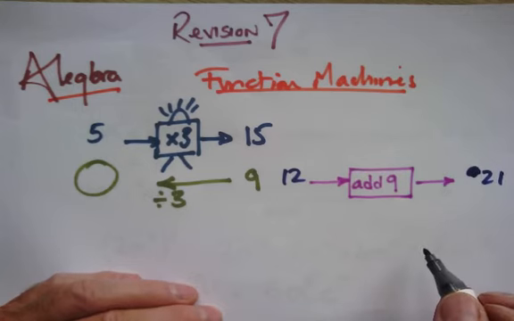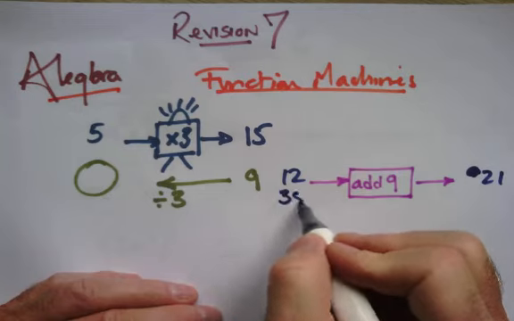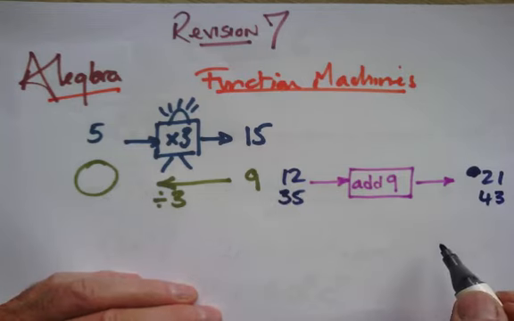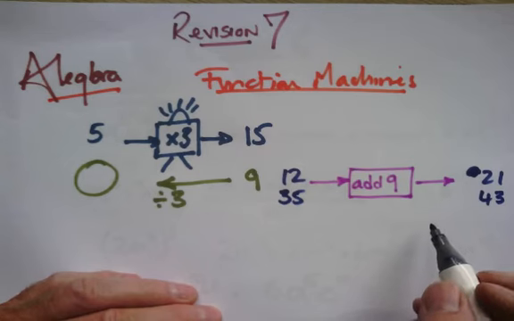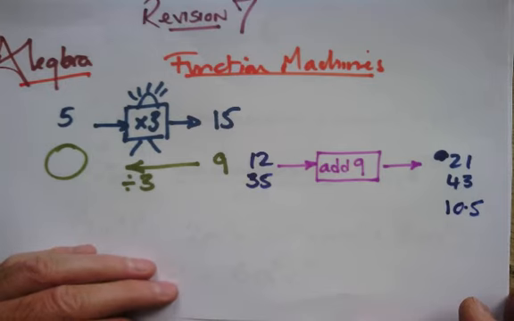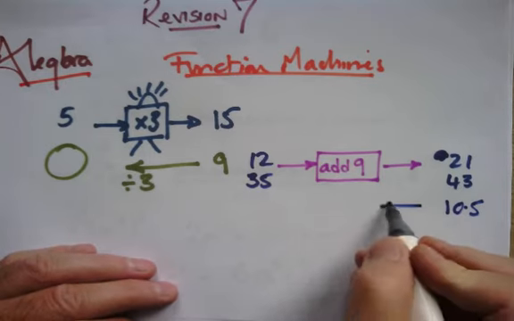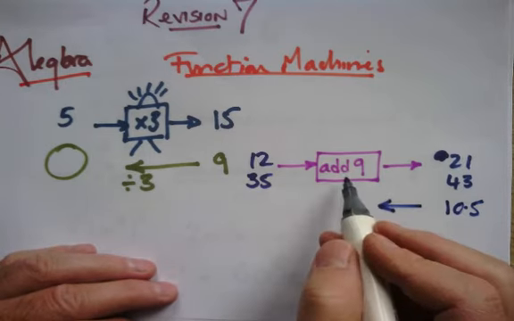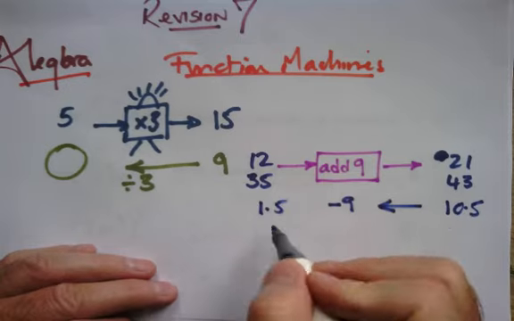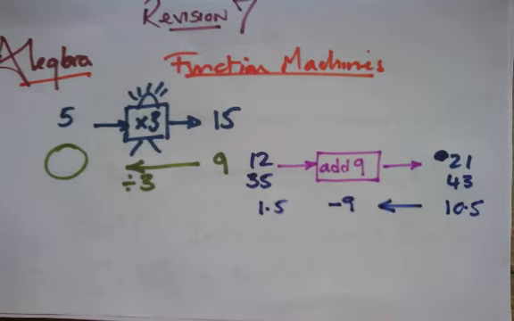Work out the output when the input is 35. Put 35 in, 43 comes out. Then it says work out the input when the output is 10.5. Here I've got to go the other direction, the opposite of adding 9, subtract 9, so that's 1.5. That's how you do function machines.